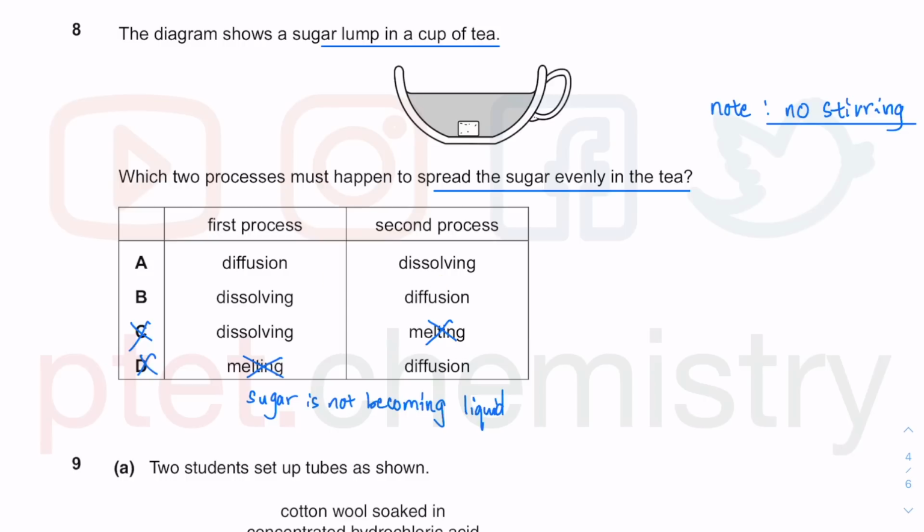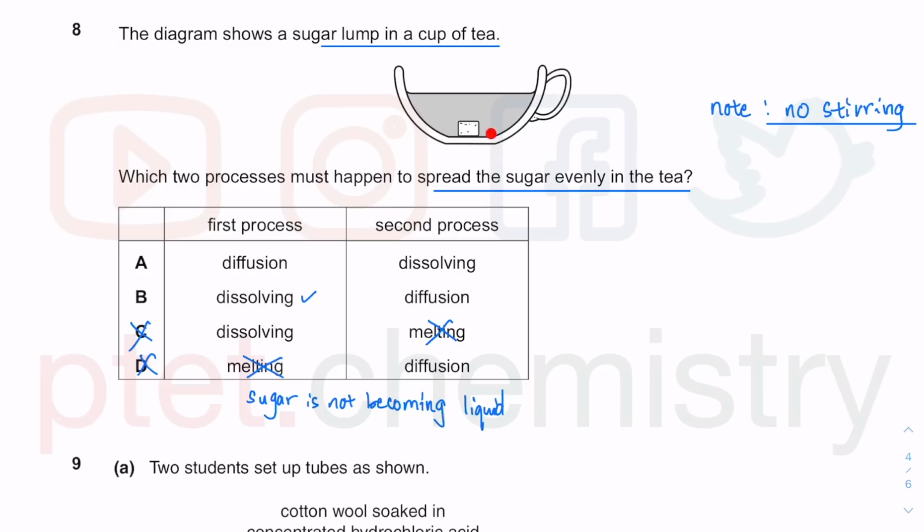So now your job really is to decide which one happened first. Does it diffuse first, or does it dissolve first? The moment you added the sugar lump into the tea, it will dissolve first because of the high temperature of the water in the tea itself. When it dissolves, it will get mixed with water around this area, so you get a high concentration of sugar at the bottom, but then the sugar particles will diffuse.